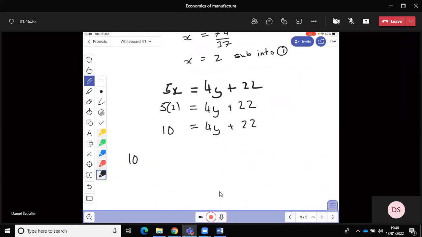That would give you 10 minus 22, 4y. All I've done is taking that 22 across. So that's minus 12 equals 4y.